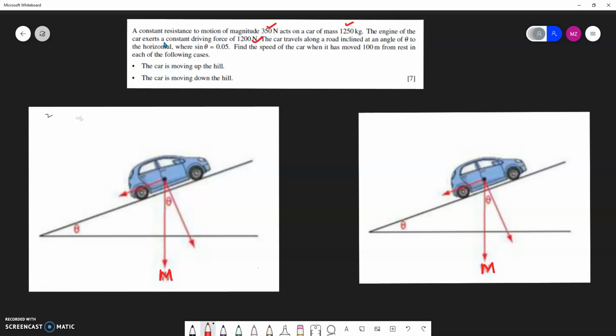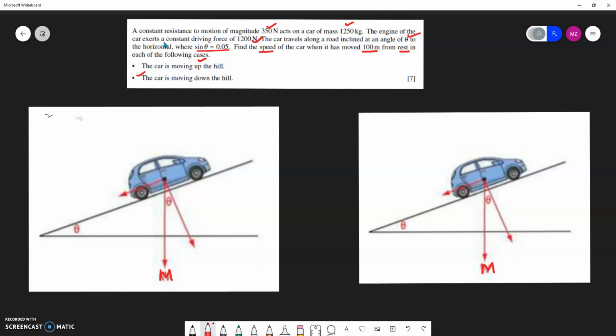The car travels along a road inclined at an angle theta with the horizontal, and the value of sine theta is given as 0.05. Find the speed of the car when it has moved 100 meters from rest in the following cases: the car is moving up the hill and the car is moving down the hill.